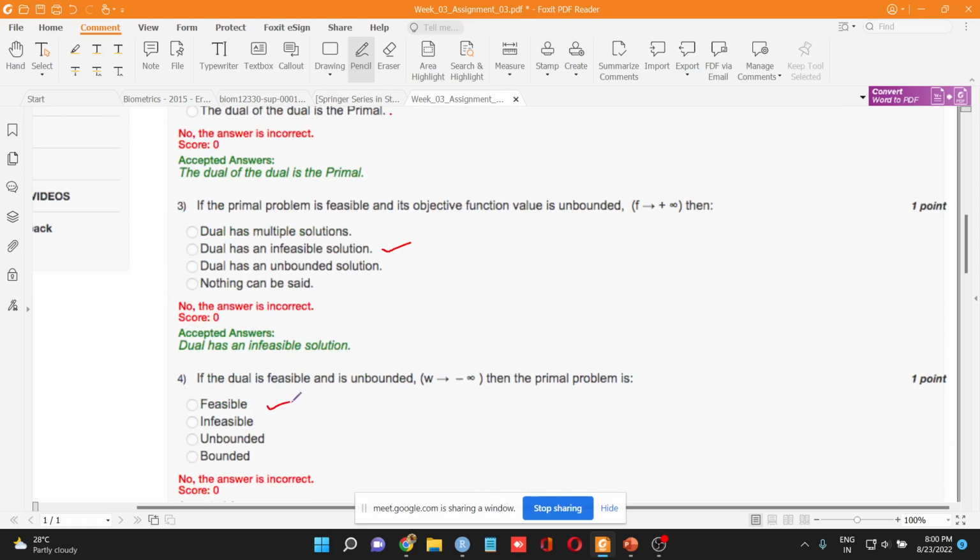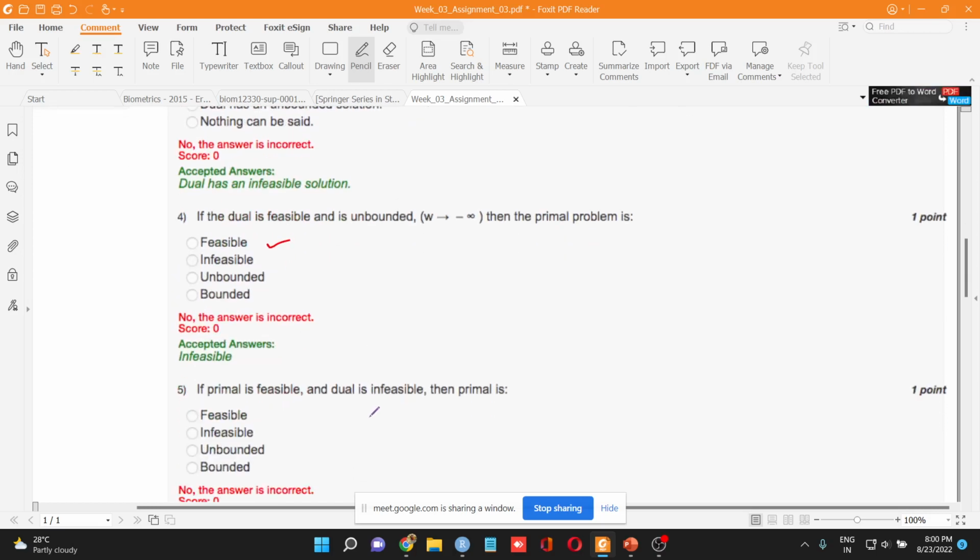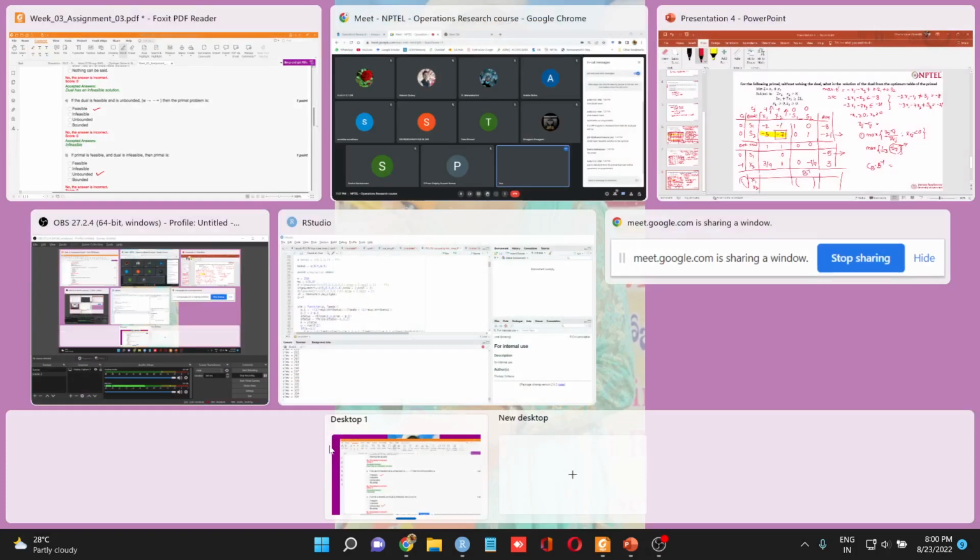This holds for both: one is unbounded and the other is infeasible. And if the primal is feasible and the dual is infeasible, then the primal is unbounded. In a similar way, if the dual is feasible and the primal is infeasible, then the dual is unbounded.